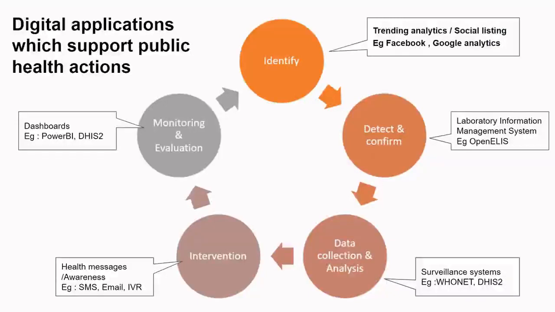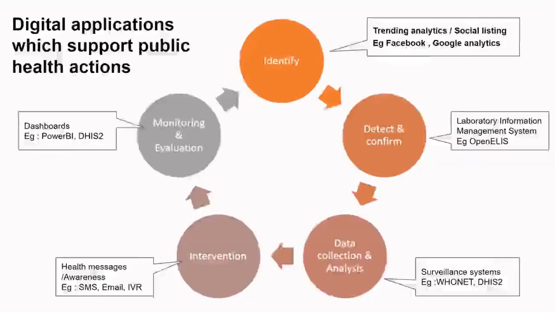First is to identify, then to detect it, then we have to do data collection and analysis, then we have to implement an intervention to overcome this. Then we have to monitor the progress, the disease progress, and the progress of the effectiveness of the interventions. This goes on as a cycle.